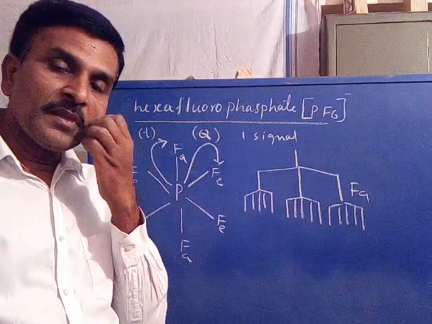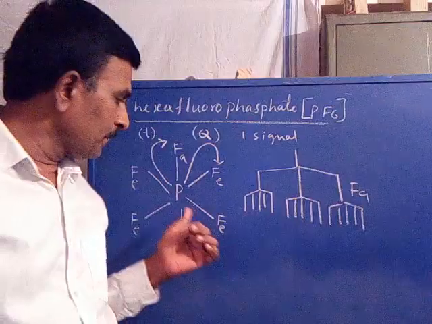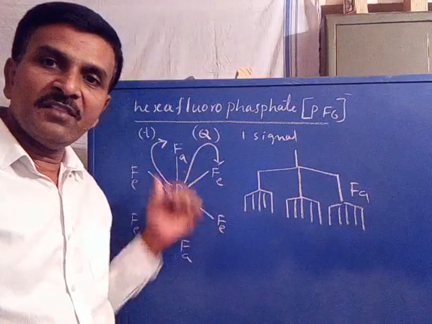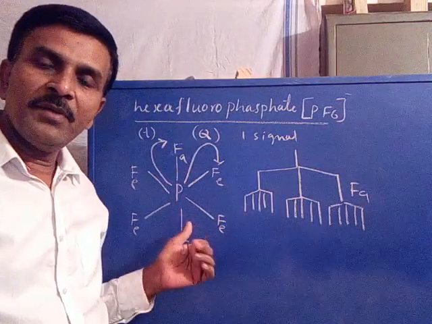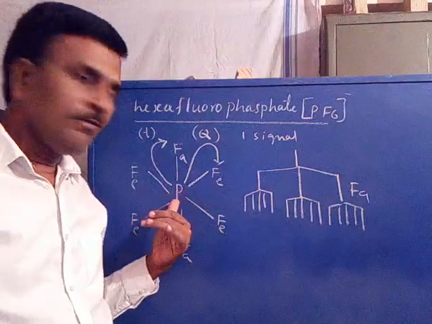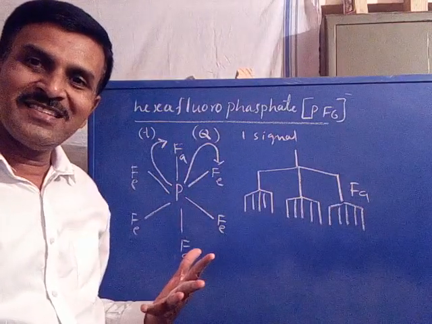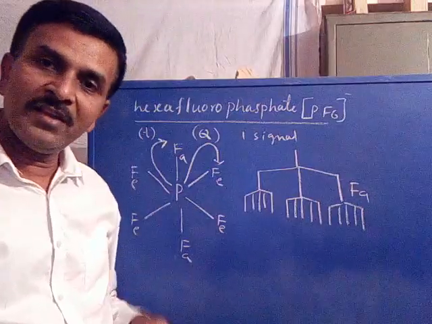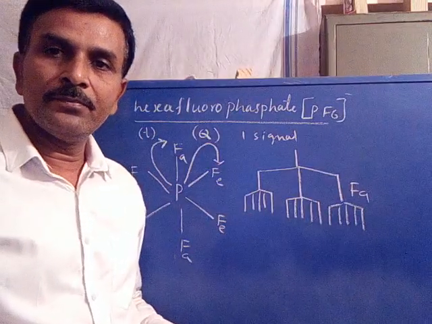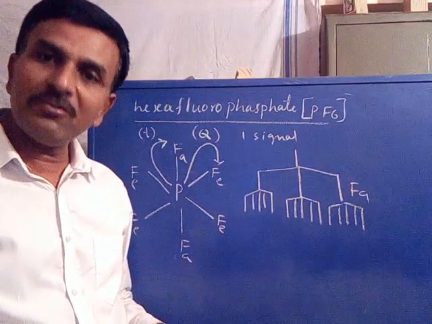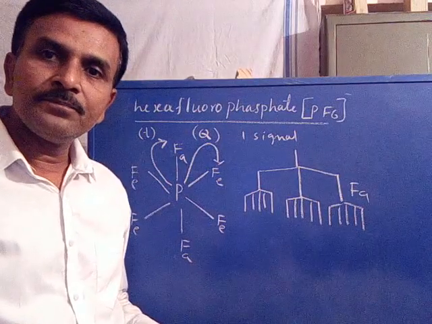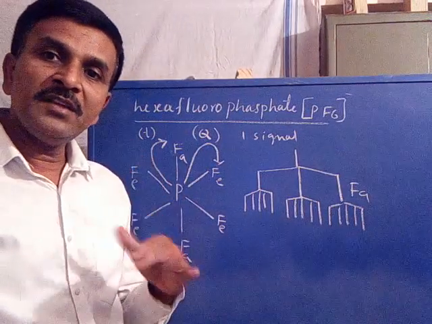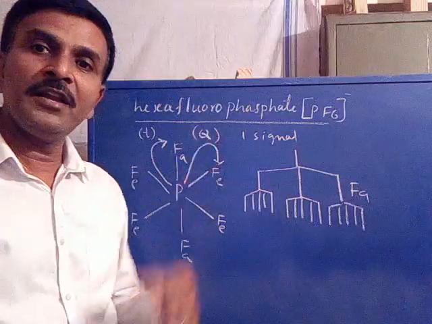Why are we not counting one phosphorus coupling with 6 fluorines? If we consider one phosphorus coupled with 6 fluorines, 6 plus 1, 7 lines, that is, a heptet signal would be expected. But here the phosphorus is coupled with non-equivalent fluorines.